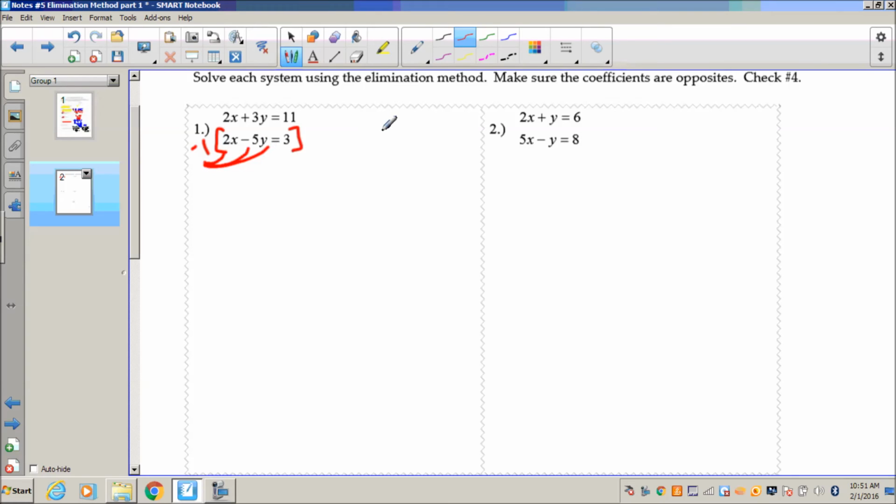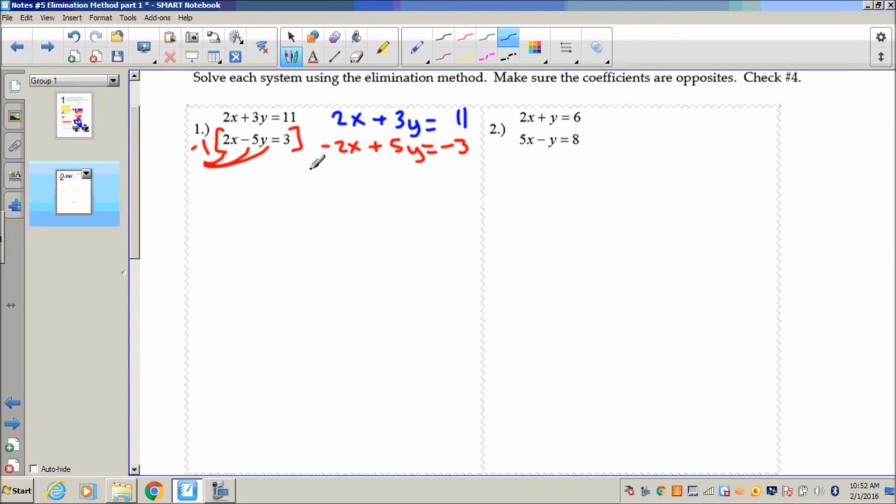So when I do that, I'm going to get negative 2x, a negative times a negative is positive, plus 5y equals, a negative 1 times 3 is going to be negative 3. I'm going to copy over the other equation above it just as it was, so I can line them up.